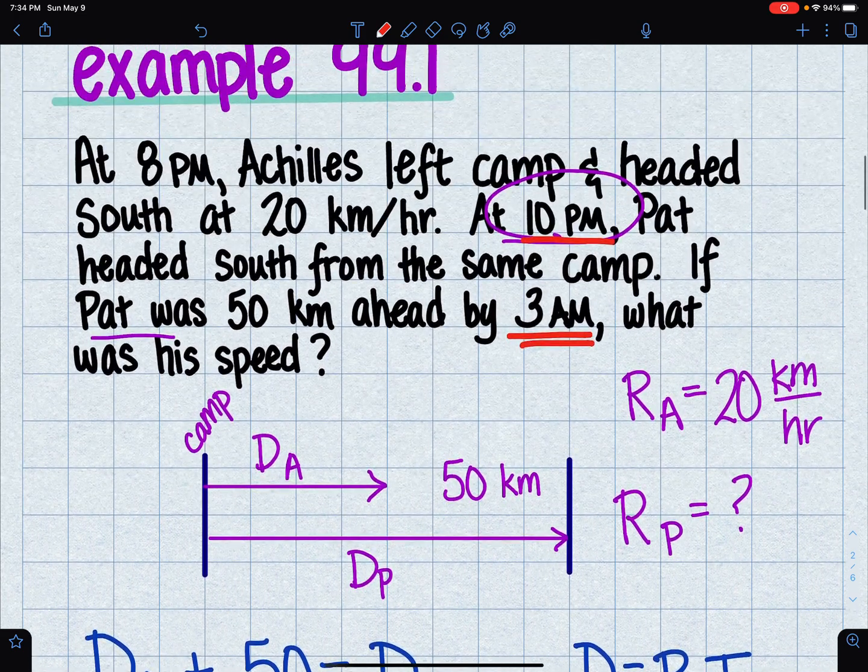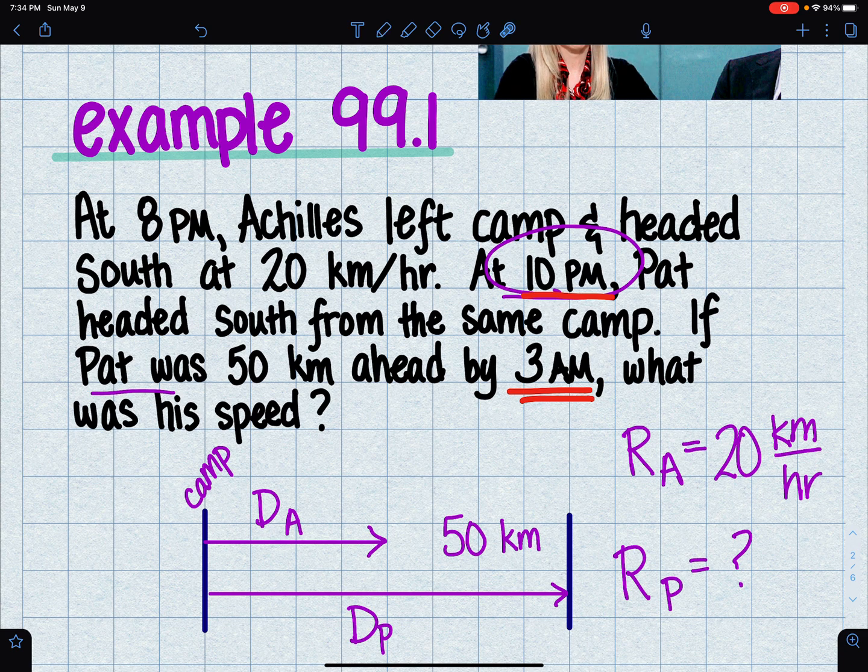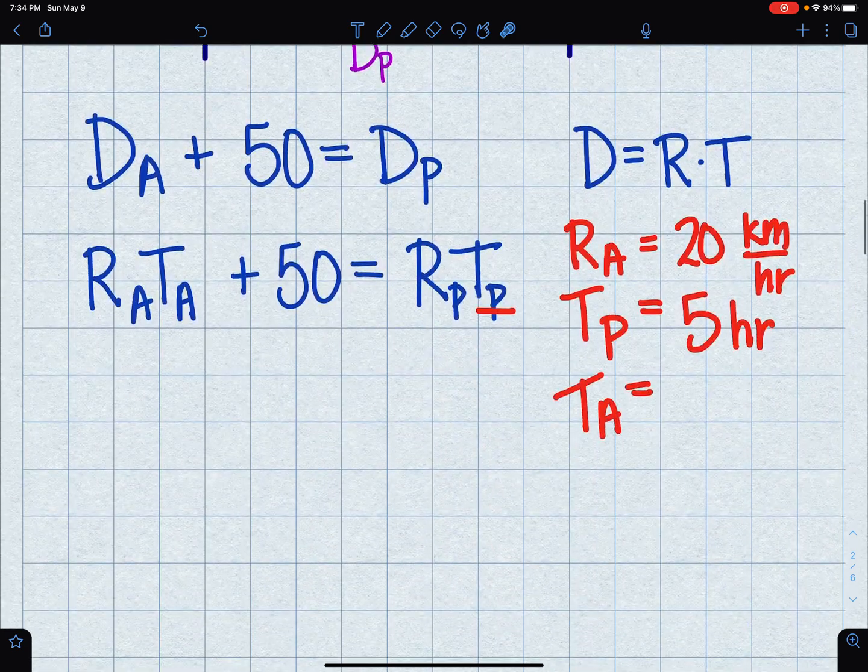It's not the same time because let's read the problem again. He leaves camp at 8 p.m. and then we're going to go from 8 p.m. to 3 a.m. So basically 2 hours earlier, we're going to add 2 hours to Pat's time. So the time of Achilles is 7 hours.